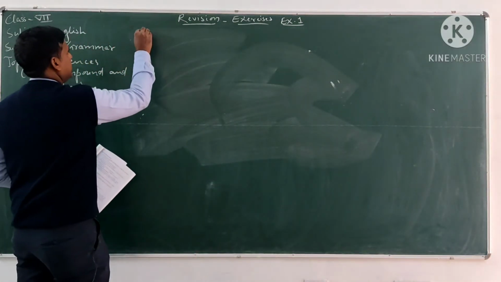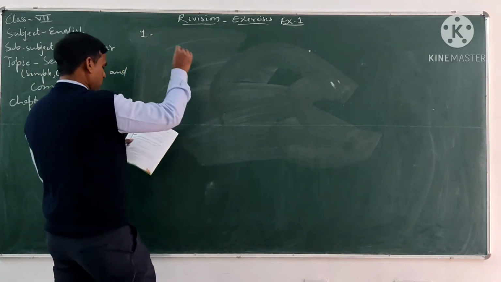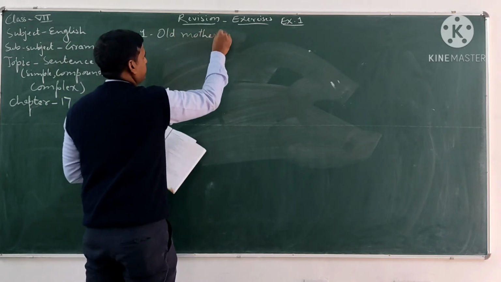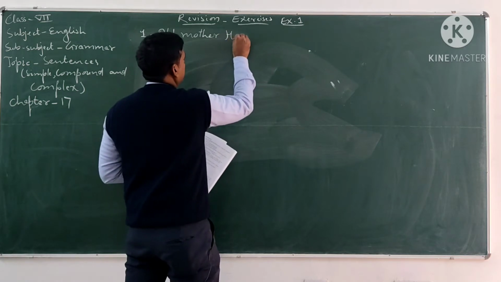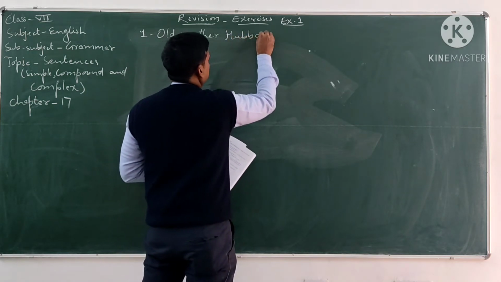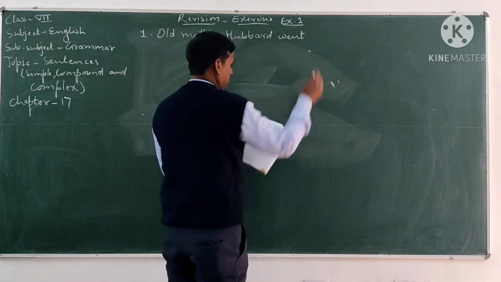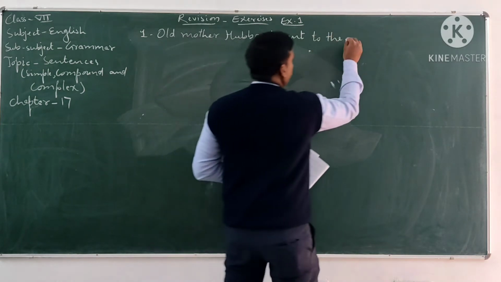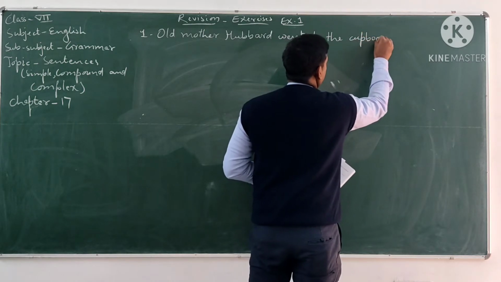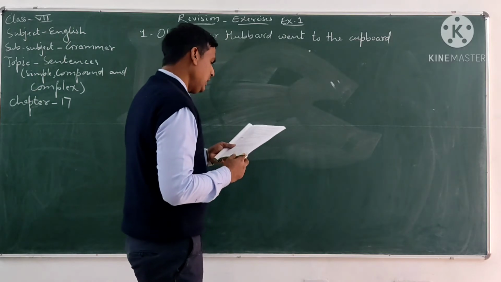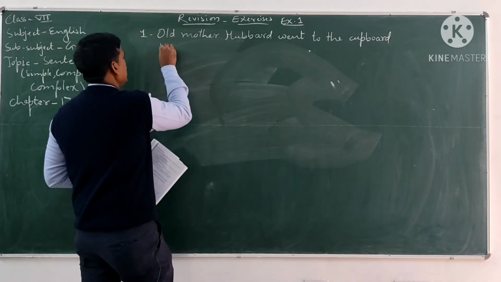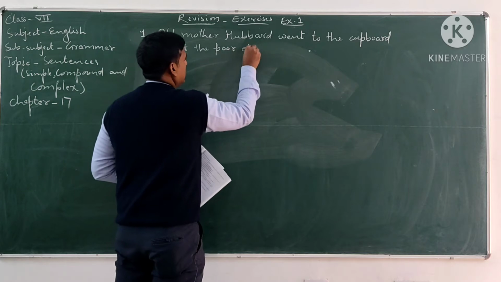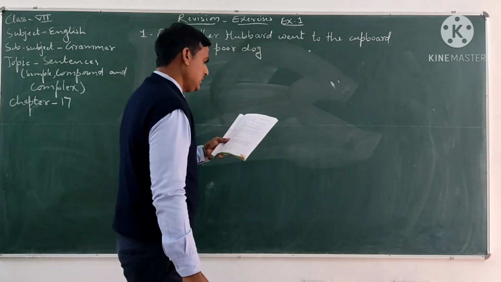So the first sentence is: Old Mother Hubbard went to the cupboard to get the poor dog a bone.